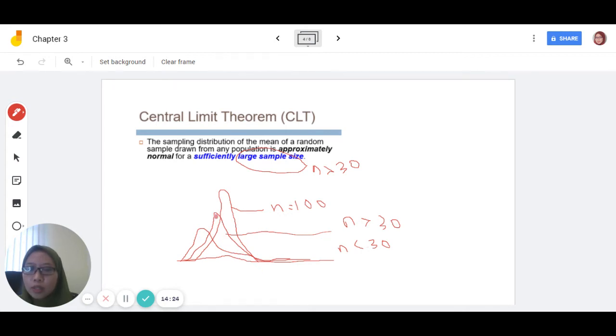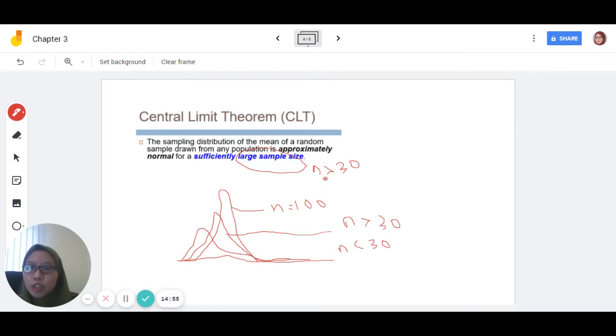When you increase the sample size n, the spreadness of the variance will decrease. So once you increase the sample size n, the curve is totally normally distributed.